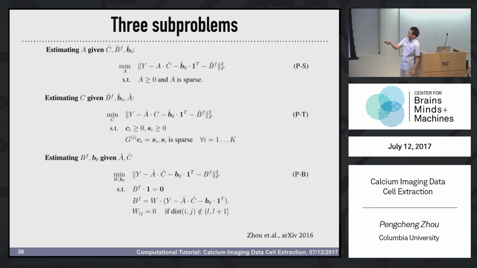Your concern is that in the estimation of the background, because the dendrite is too long, it's larger than the ring size, and the neural signal may be explained in the background. That's your concern, right? And the answer is that if this is a real neuron and you just mistakenly segment it into multiple components, so there is only one neuron but you have multiple components, in this step, when we estimate B, we subtract these neural signals from the raw data.